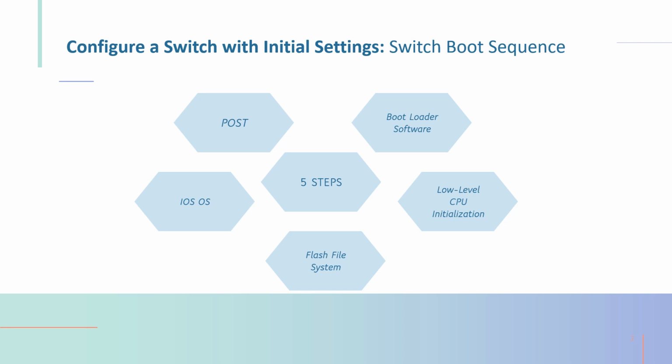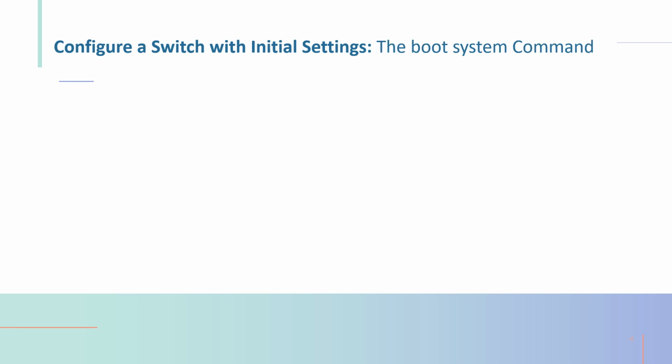The switch attempts to automatically boot by using information in the boot environment variable. If the variable is not set, the switch attempts to load and execute the first executable file it can find.